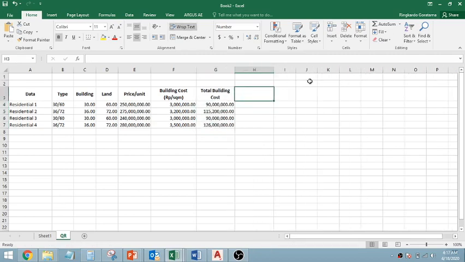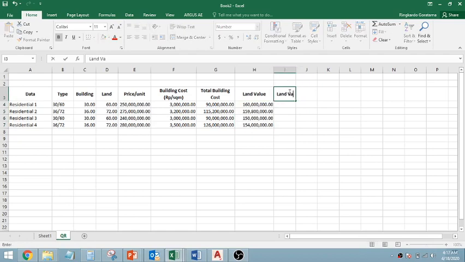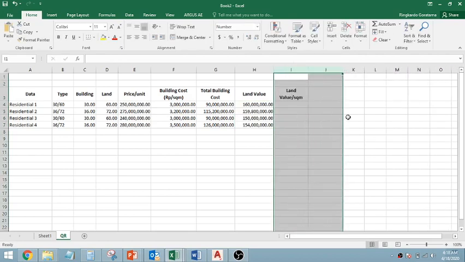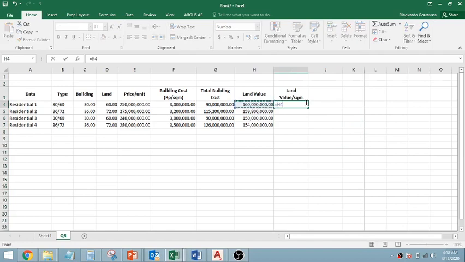The land value will be the price per unit deducted by the building cost. Assume there is no discount. And the land value per square meter for ready to build land, we just divide it by the land size.